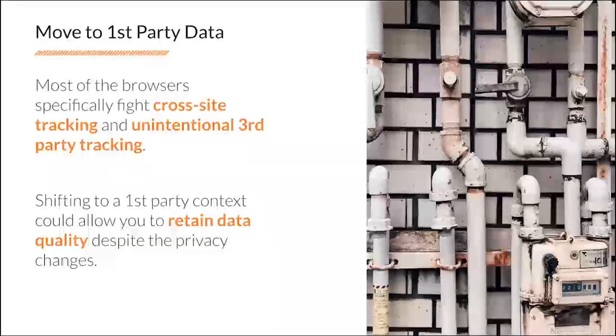So you want to do as much data collection in first party as possible. You want to limit your need to make third-party calls if you can, because you don't want the call to be blocked. You do want to be able to access the data, but it's a different technical design.